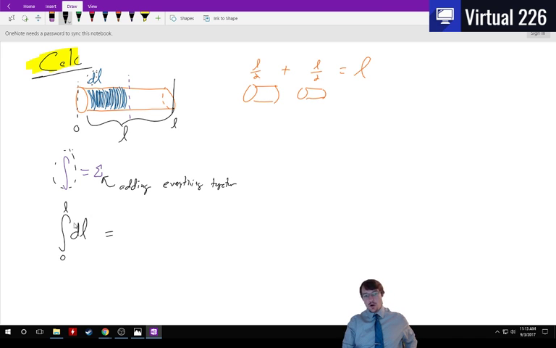Now, since we're only trying to add up all of the little pieces here, we know what this answer has to be. If we're just adding up all of the pieces, then if I put all the pieces back together, I know this is going to have to equal L. More technically what it equals is L from our boundary. And these are our boundaries right here. We know that these are like the edges of the pumpkin roll, the leftmost edge, the rightmost edge. Those are the bounds. So an upper and a lower bound.